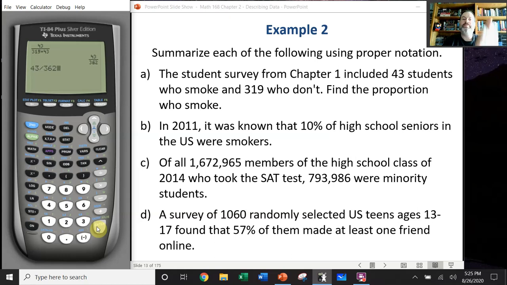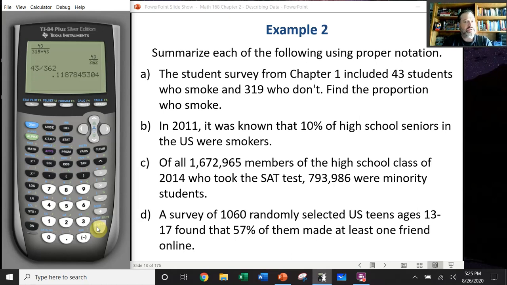Depending on how your calculator works, it might automatically do that as a decimal. If you have it set up like mine, you have to retype it in to get it to appear as a decimal. So the proportion who smoke, I have not specified how many decimals to round to. In my answer key, I keep all proportions to 4 decimal places, and I keep all percentages to 2 decimal places, just to be consistent.